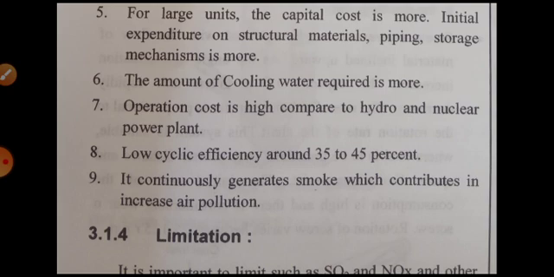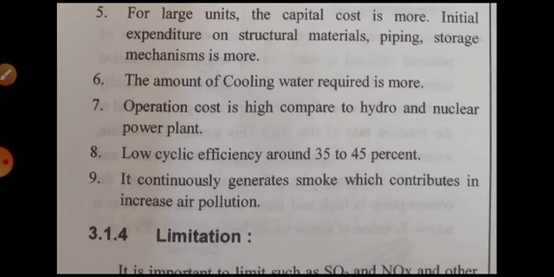Then low cycle efficiency, around 35 to 45%. There is a lot of conversion. You are converting the chemical energy in coal into thermal energy, that means you burn that coal.